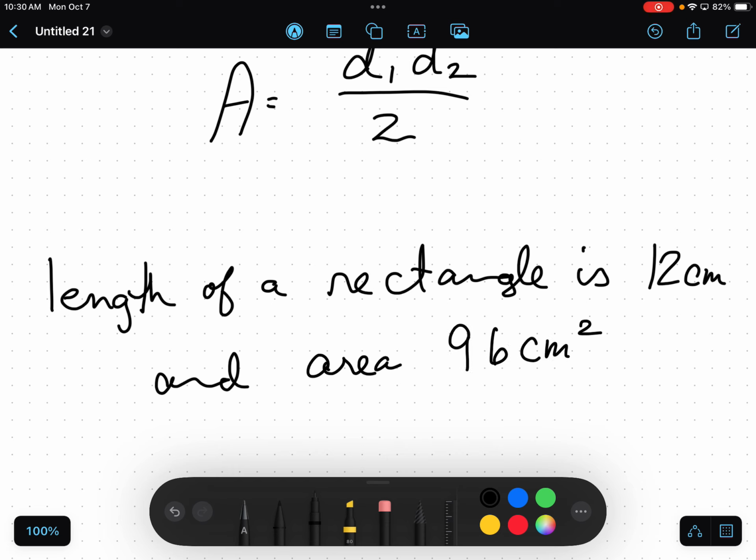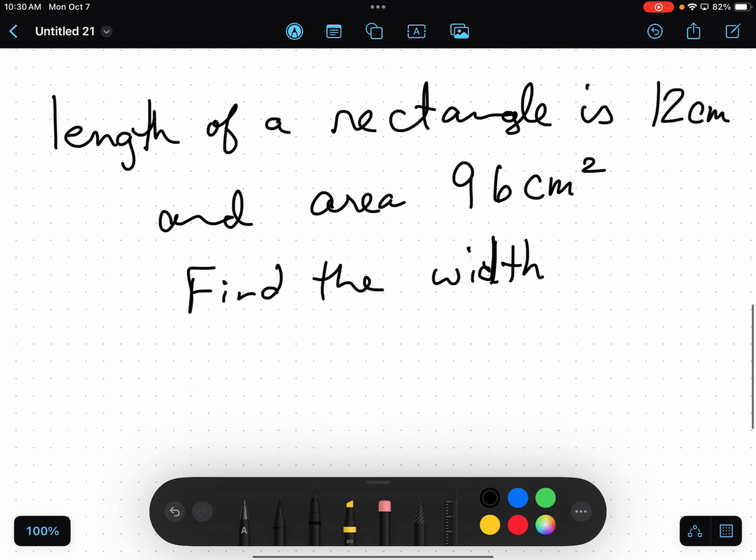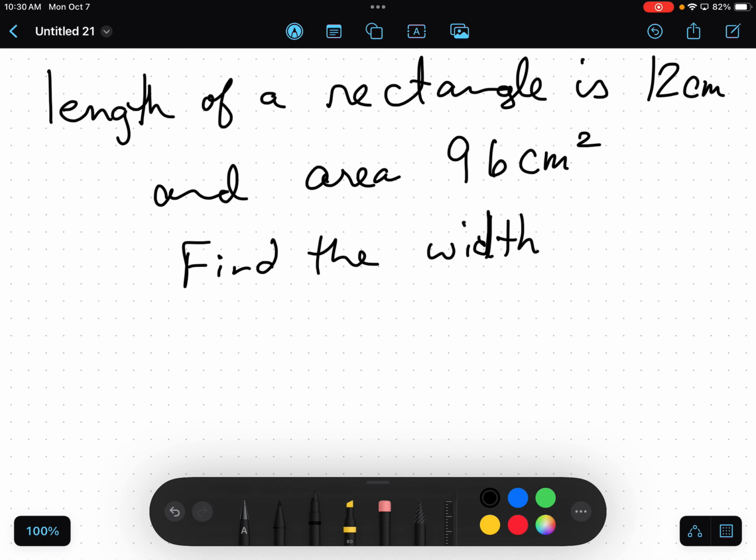What they're going to ask you to do is find the width. So that's what they're asking you to do. Now, it does not give you a picture today. It's going to give you a verbal description of it.